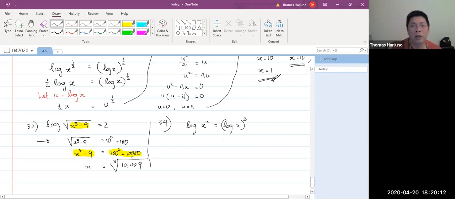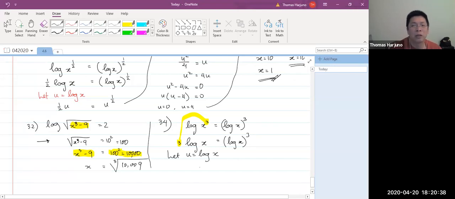The one on the right-hand side stays the same. On the left-hand side, I bring the 3 to the front. So that's 3 log x. And you know how to do it from here. You say let u equal log x.